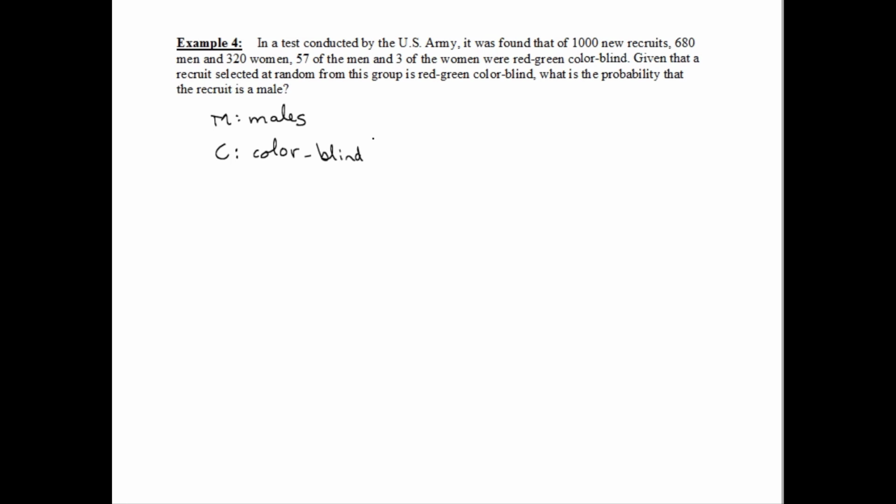And let's write down what we are attempting to find. What do we know for sure about this recruit that we have randomly selected? We know that this recruit is colorblind, given that a recruit selected at random is colorblind.